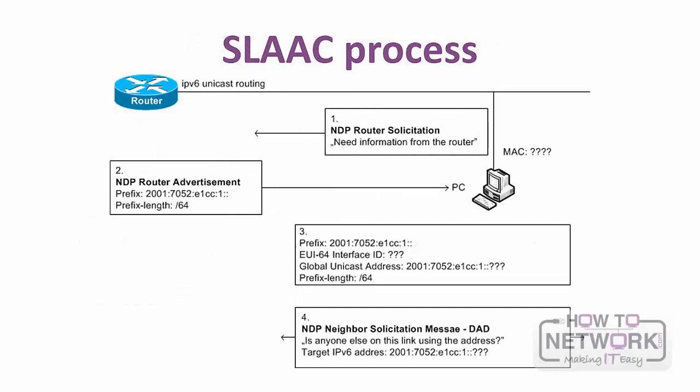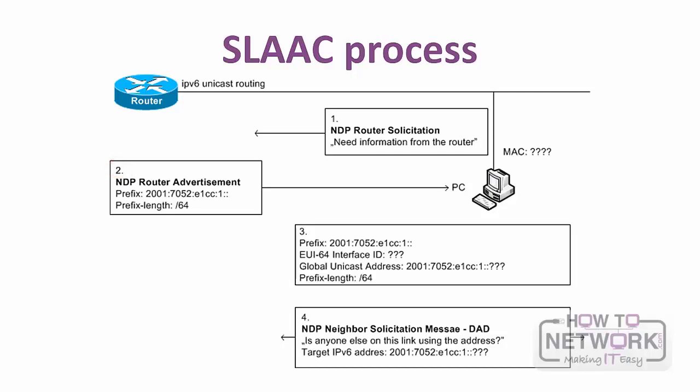The following figure shows a simplified version of the stateless address auto-configuration process. Step 1. PC is configured to obtain its IP addressing automatically. Since booting up, the PC has not seen a router advertisement message, so it sends out a router solicitation message to inform the local IPv6 router that it needs a router advertisement message.